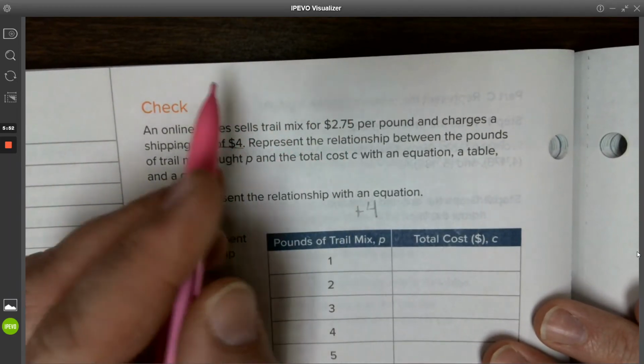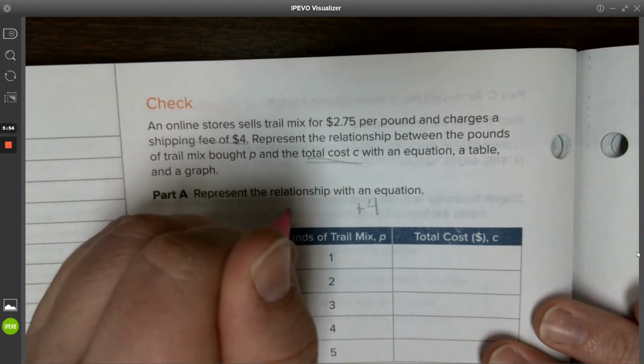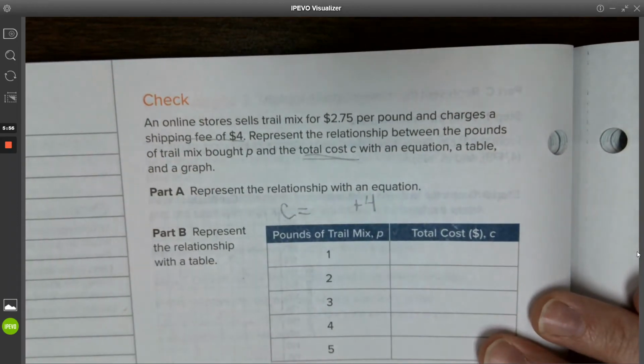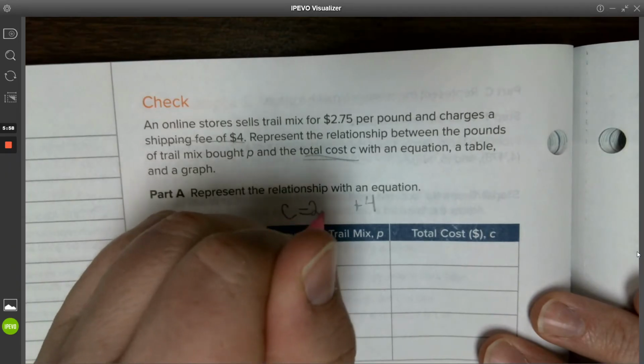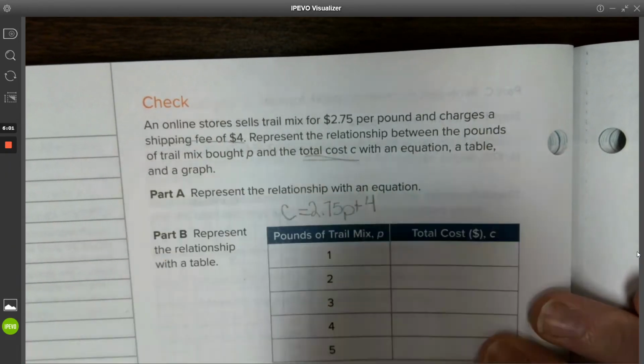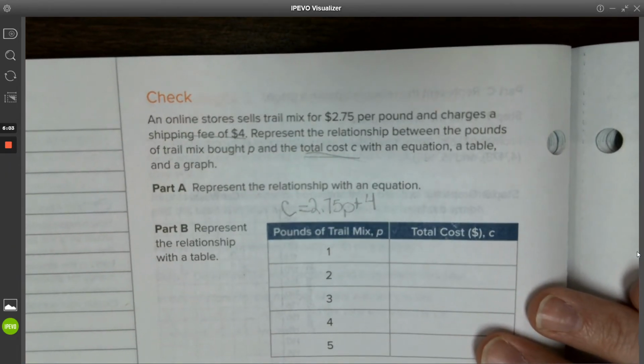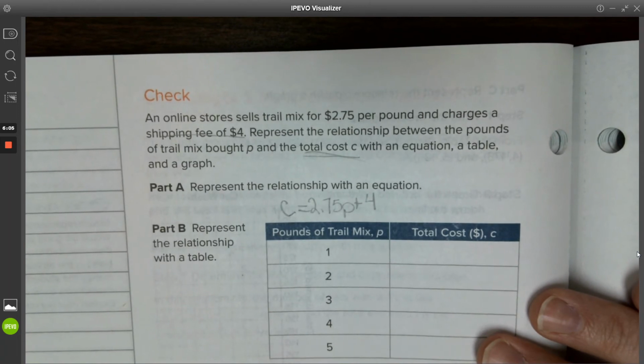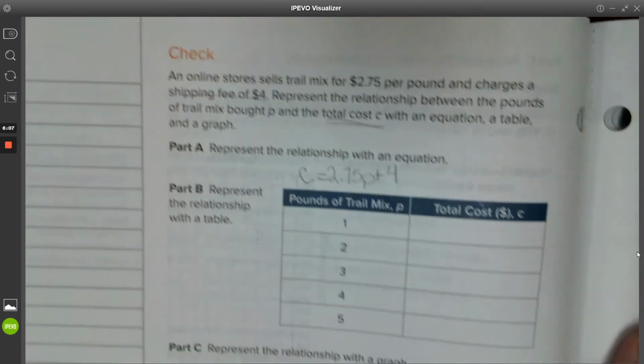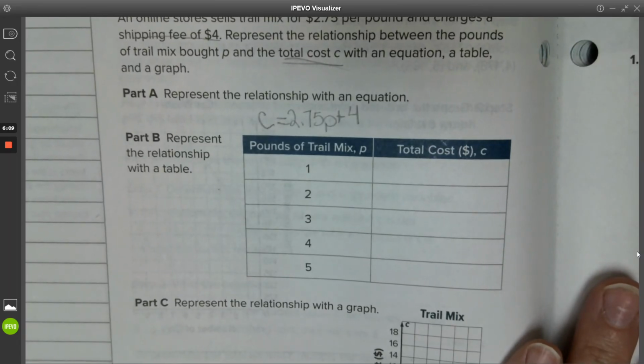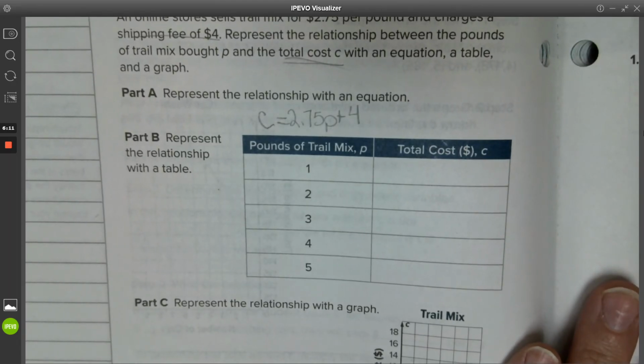So we're figuring out the total cost C. That's my dependent variable C. Then we would use 2.75 times P, right? Which is the pounds plus our $4.